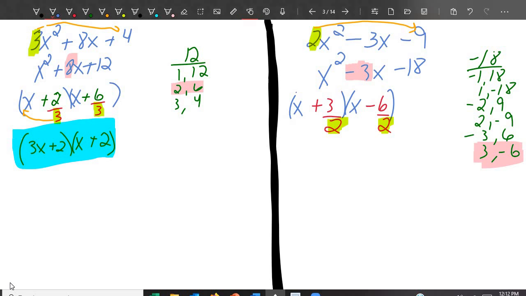I can't simplify the 3 halves, so I have to slide the 2 back in front of the x, and we'll get 2x plus 3. I can simplify the negative 6 over 2, which is negative 3, so we get 2x plus 3 times x minus 3. That's the factored form.